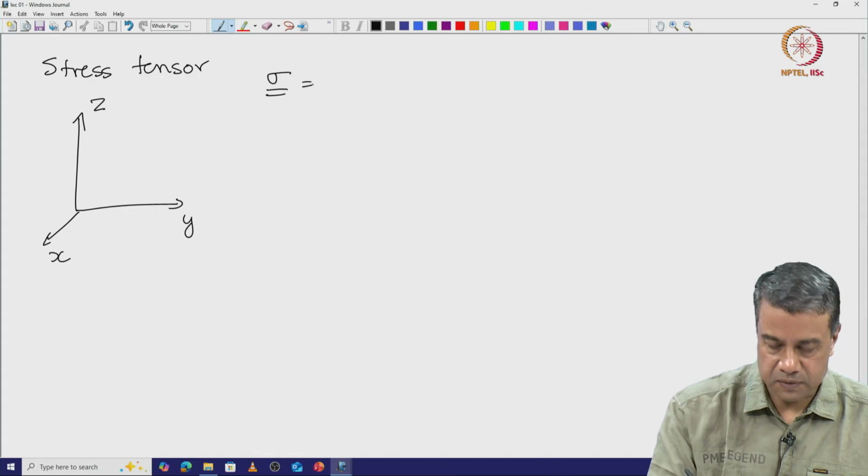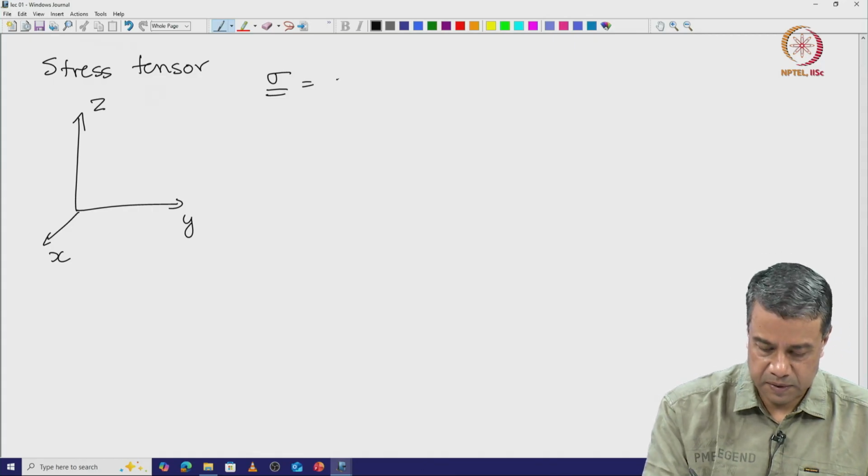it is defined using two unit vectors. I had written it in matrix notation in the previous lecture.